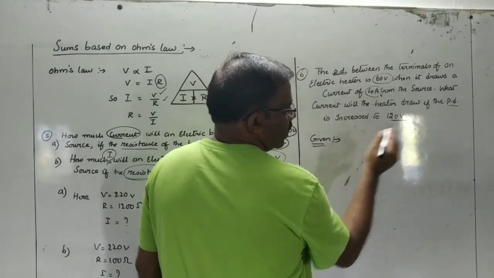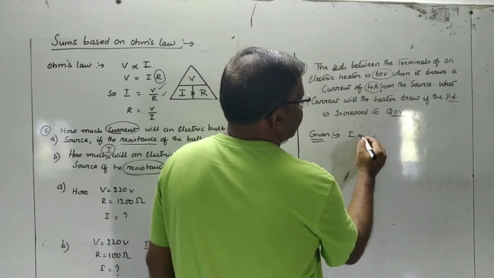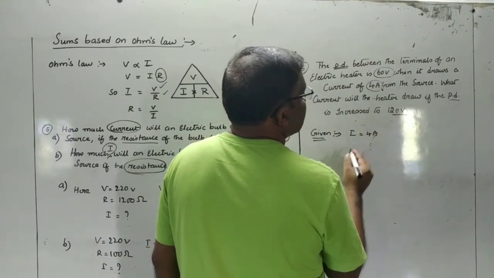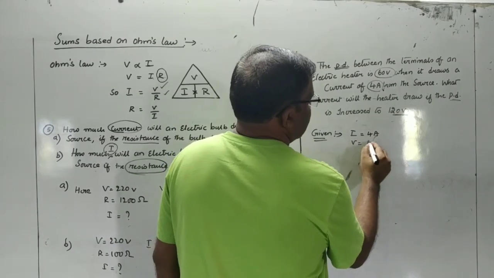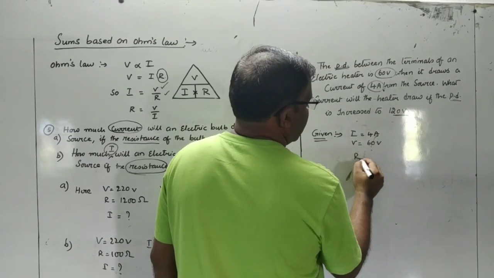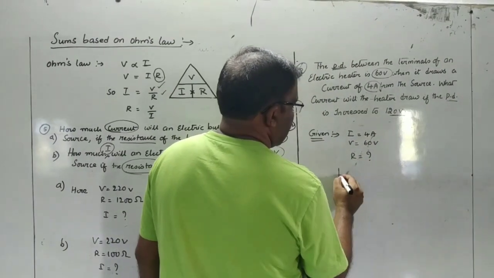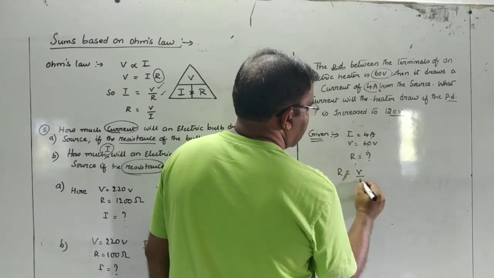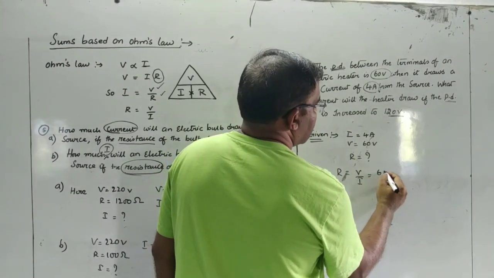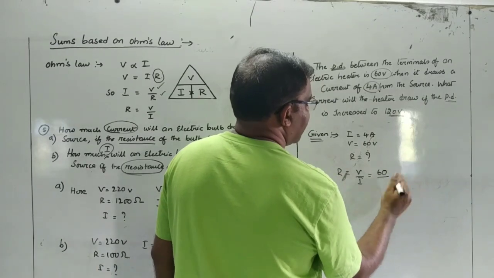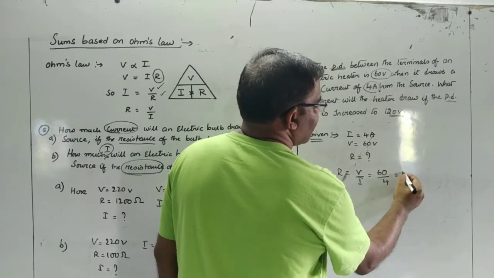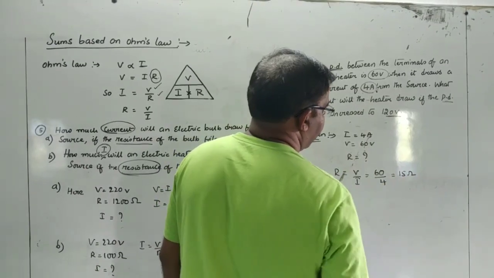I is equal to 4 amperes, voltage is equal to 60 volts. We don't know the resistance. So R is equal to V by I, so it will be 60 divided by 4, which is equal to 15 ohms.